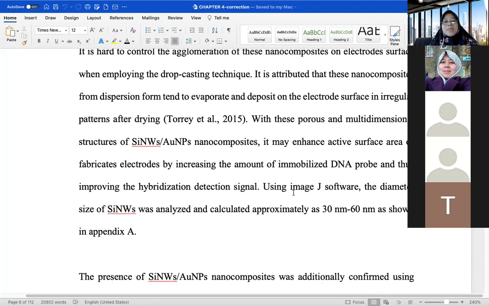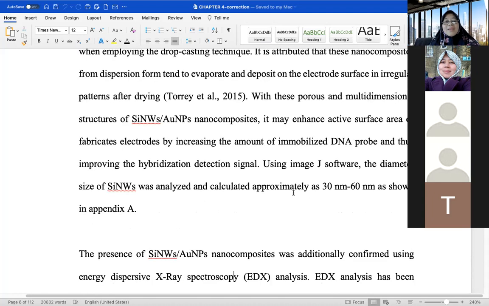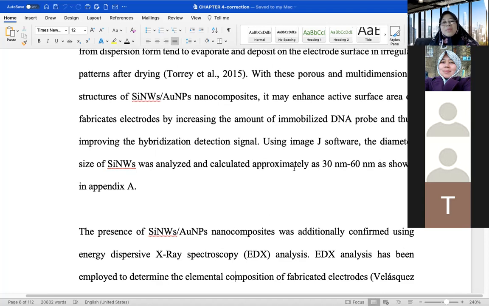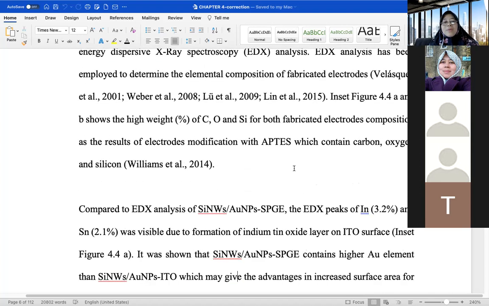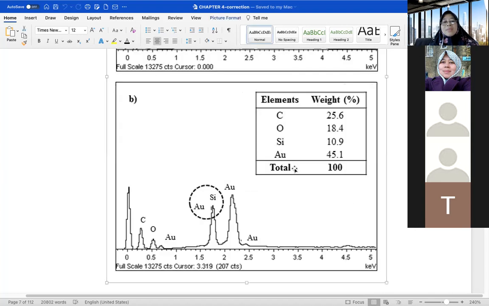Okay, ImageJ. So if you plan to use FESEM, you have to be able to use ImageJ software. These are things that you need to know. And then you have EDX to analyze the percentage of the elements.